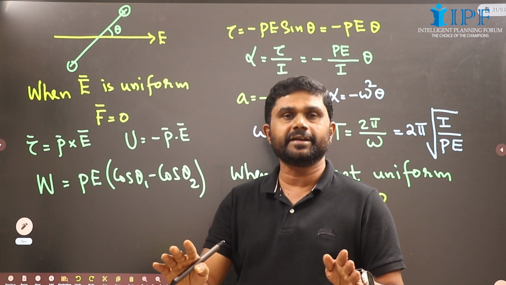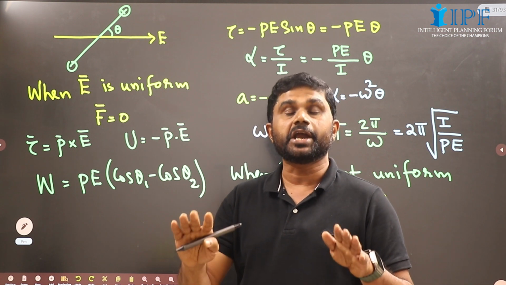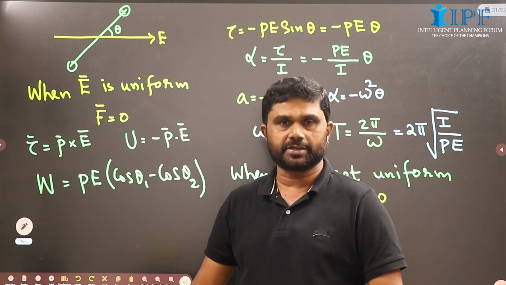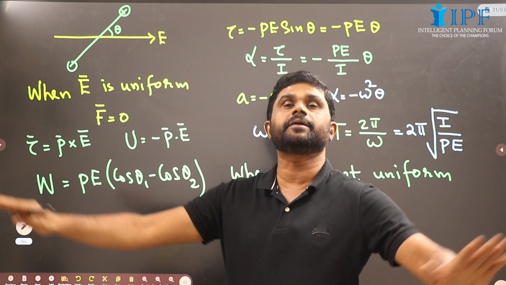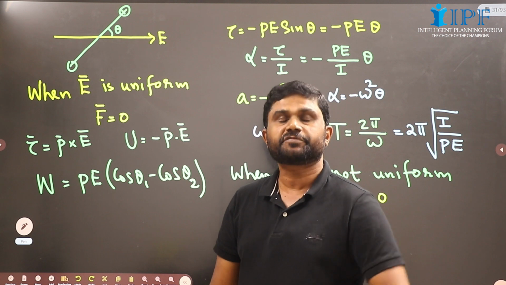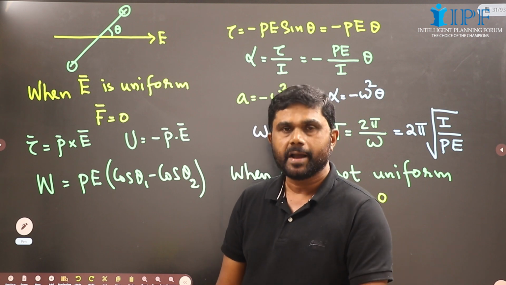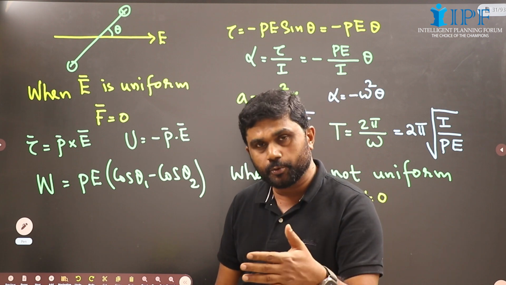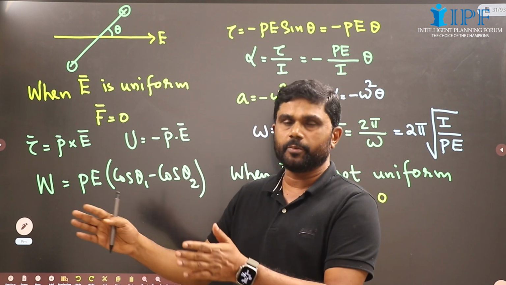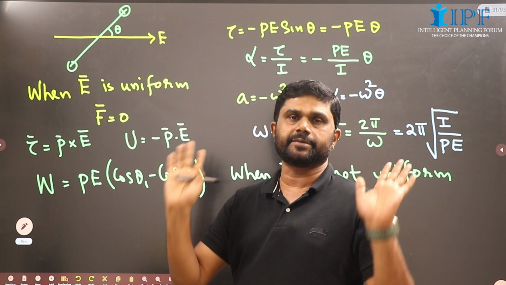Means ultimately the dipole will be along the direction of the field, or dipole moment and electric field will be in the same direction, if the dipole rotates under the action of this torque.